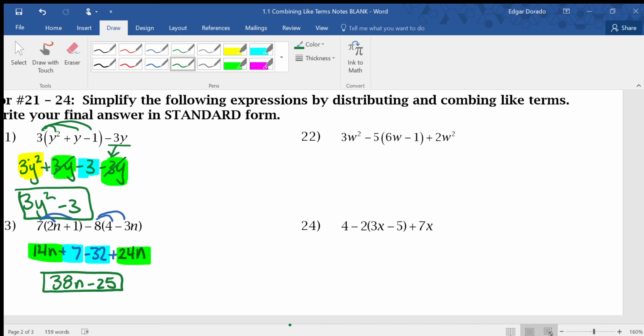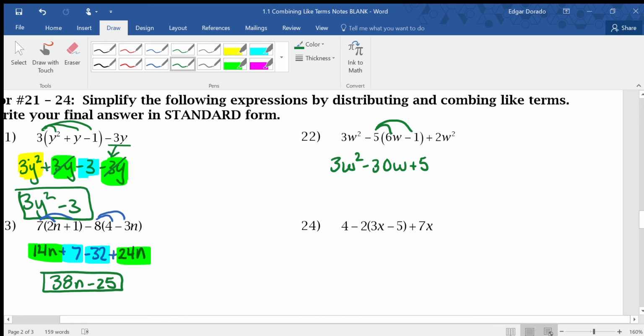All right, so hopefully you were able to distribute these terms out. So let's see what we get. So 3w squared. We didn't do anything, that's why I rewrote it. So then I have this negative 5 times 6w is a negative 30w. Negative 5 times negative 1 is a positive 5. And finally, plus 2w squared. All right, so let's combine some like terms here.